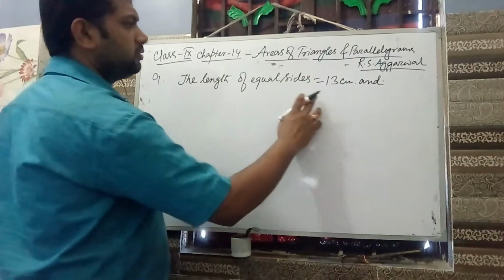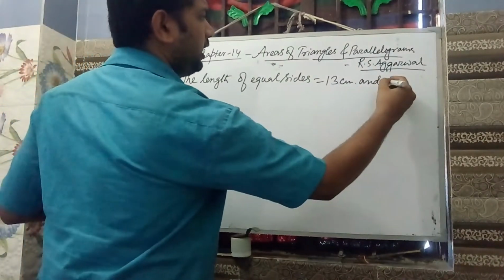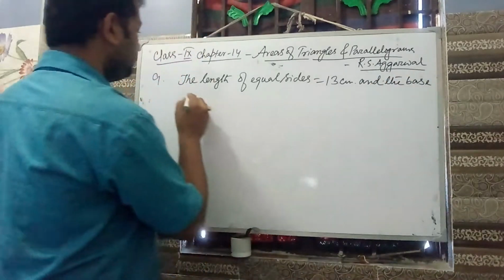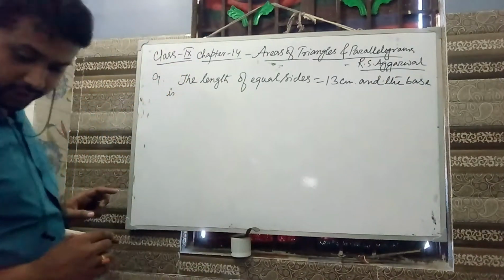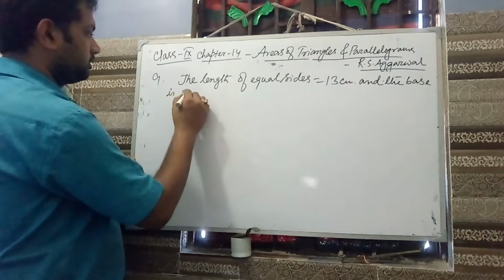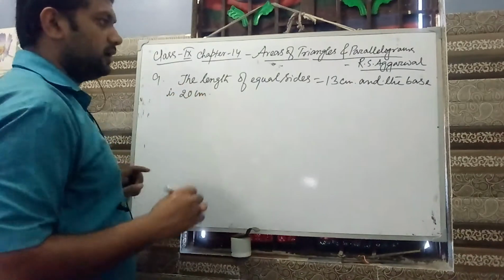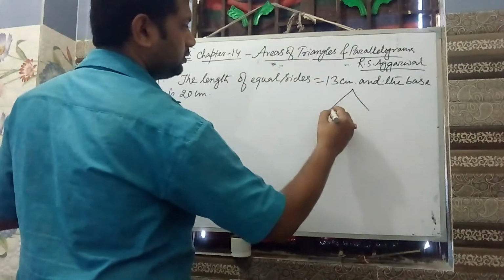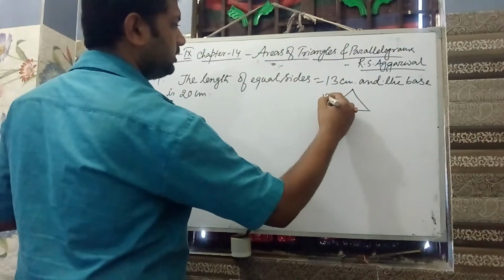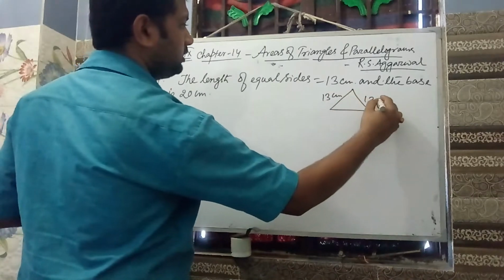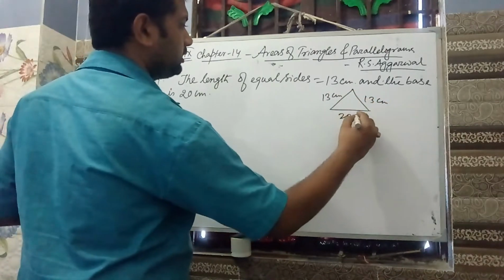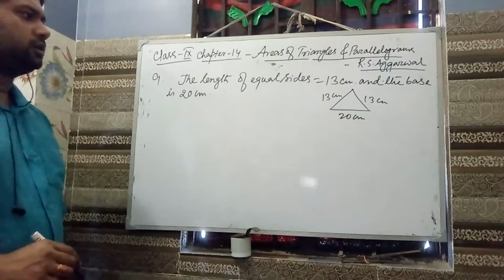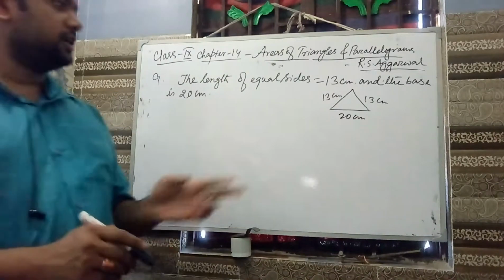Length of equal side is 13 centimeter and the base is 20 centimeter. Let us draw a rough sketch: 13 centimeter, 13 centimeter, 20 centimeter. So this is our triangle, an isosceles triangle.